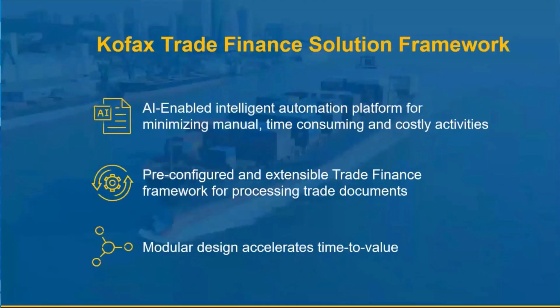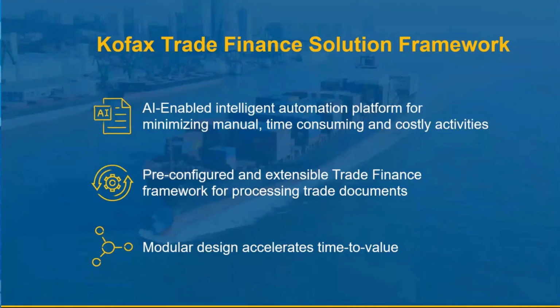Then we'll need to talk about what the actual functionality is that we use here. So on the one hand, all of those documents that are involved in that trade finance transaction can be automatically processed. And of course, leveraging all of the capabilities that Colfax TotalAgility and the rest of the intelligent automation platform bring to the table.